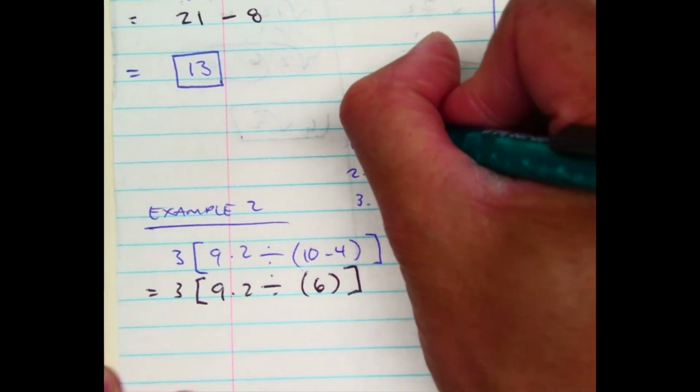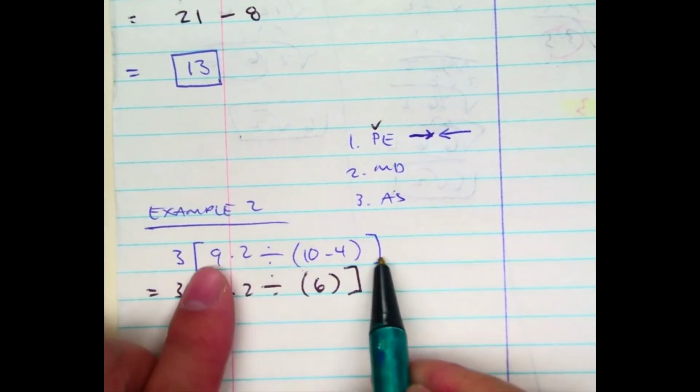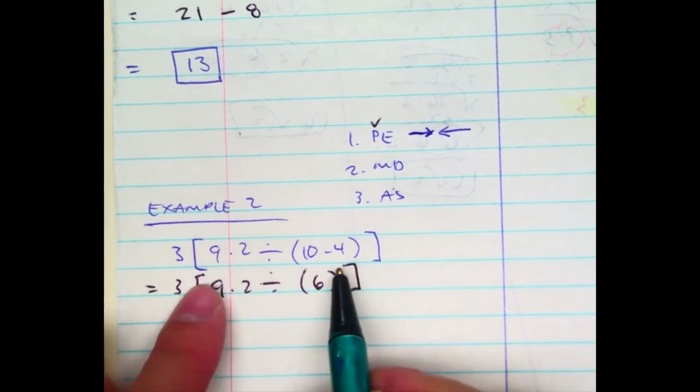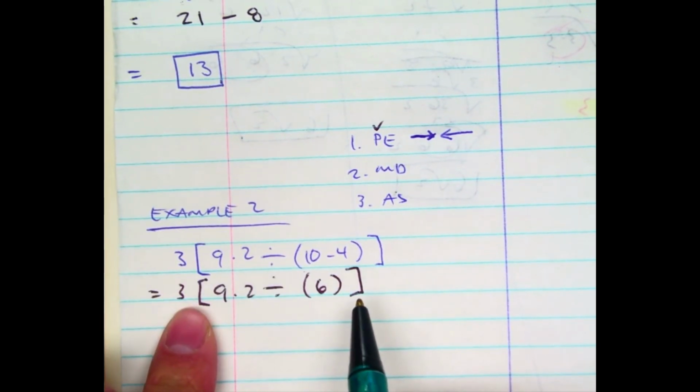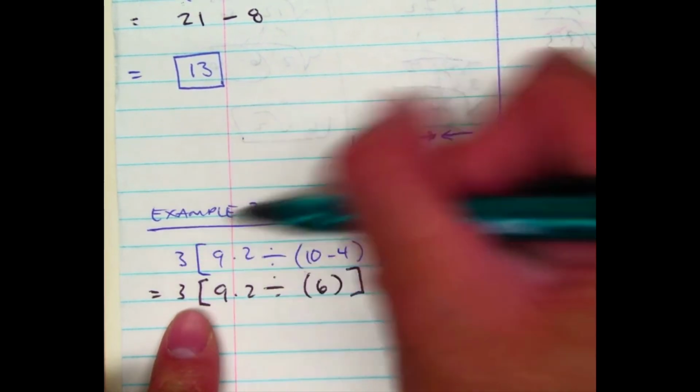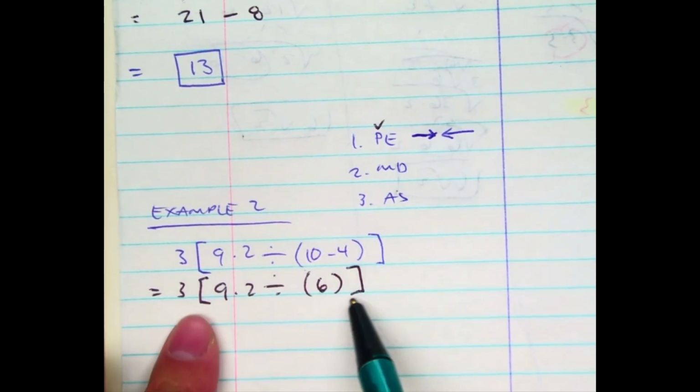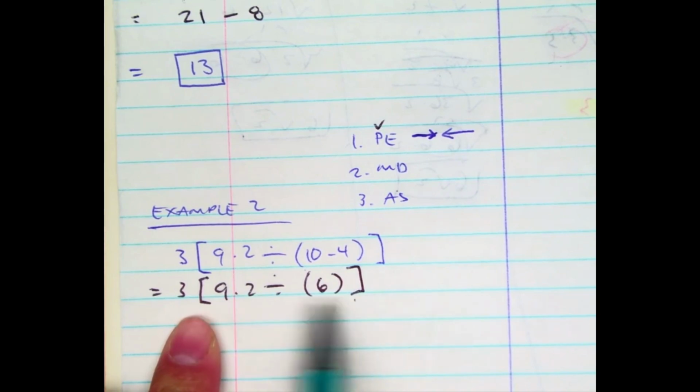So I just did a parentheses. And now I'm going to do what's inside this bracket. Okay? This tells you not to distribute. That's where students are tempted to want to distribute the 3. Well, I have to use this bracket, which means I have to do everything in here first.